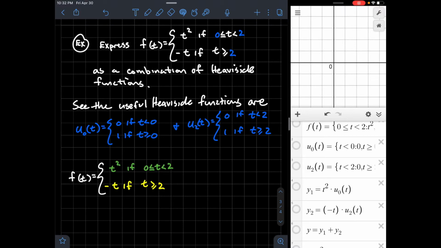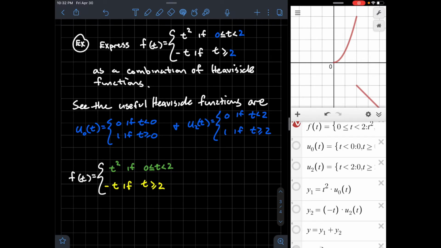I look at my function here, and we're going to look at it piece by piece. If I also look at my picture, there's nothing to the left of 0. Why don't we just say the value of the function is 0 there? That won't hurt anything.